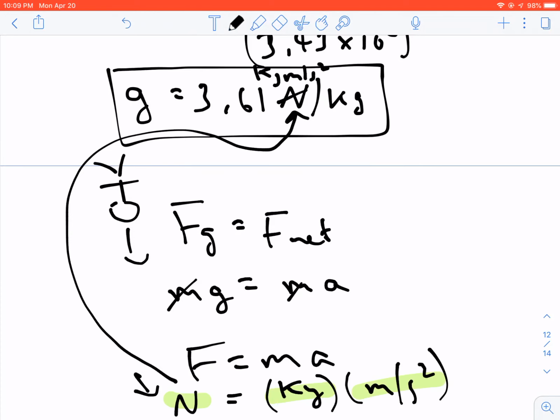And I look what I've got, kilograms in the numerator up here, and kilograms in the denominator down here, which can cancel out, and I end up with g is also equal to 3.61 meters per second squared. All right, so it doesn't matter which unit we use for little g. Little g is 3.61 newtons per kilogram, which means it will cause 1 kilogram mass to accelerate at 1 meter per second squared. That's what our value for g is telling us.